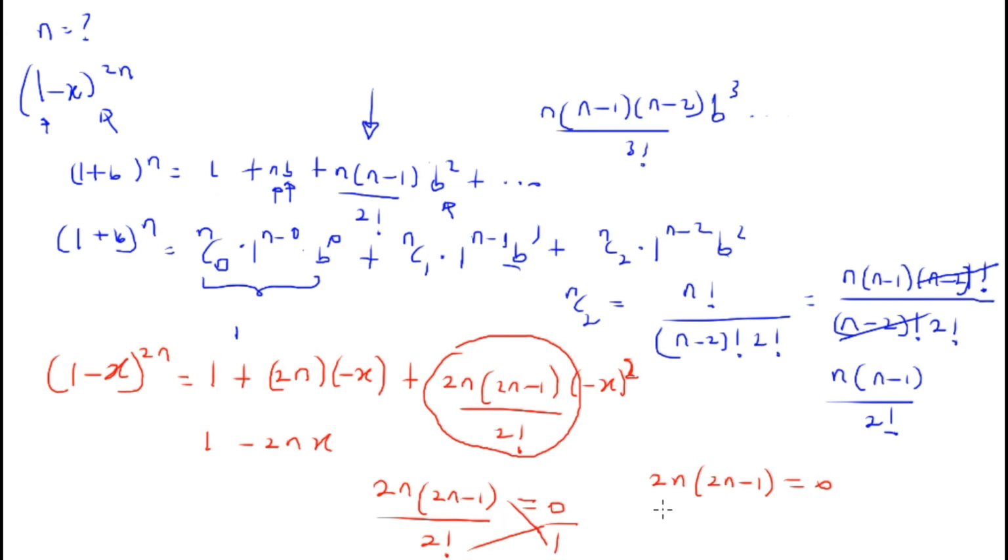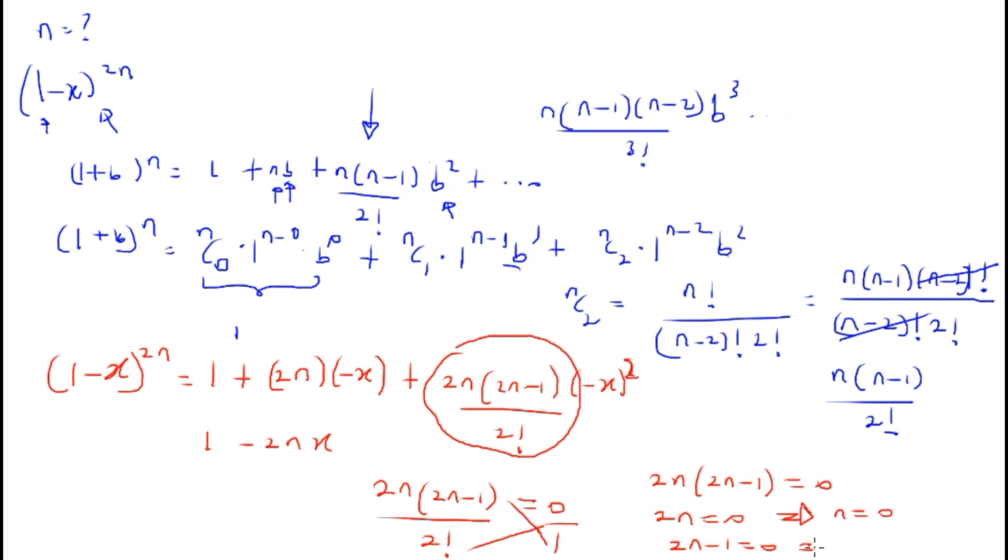With this, I already have two factors. I don't need to expand so that I will have a quadratic. I can just equate 2n equal to 0 and 2n-1 equal to 0. From the first equation, if I divide both sides by 2, n will be equal to 0.